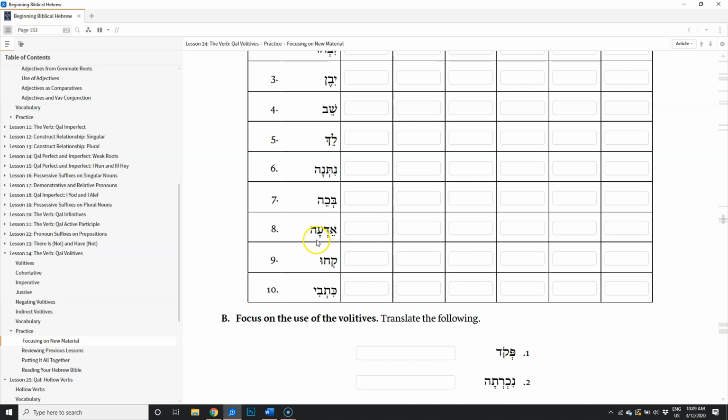Here we've got an aleph with a qamets hey, so again, I just go ahead and assume that what I've got here is a cohortative. Now, if I take off the prefix and I take off the suffix, I'm still left with 2 consonants, so I have to do a little bit of digging to figure out, am I missing, is hey part of my root? Am I missing something else at the end? Am I missing something from the beginning? Of course, we are missing something from the beginning, and your clue here to that is the tsere.